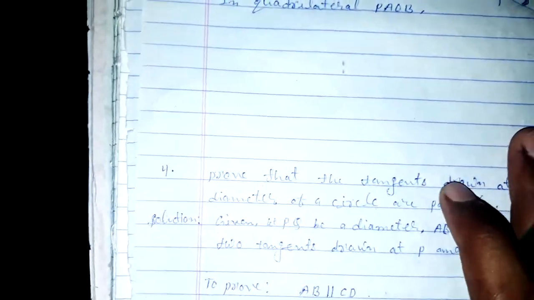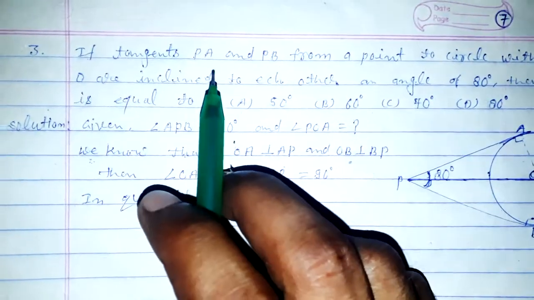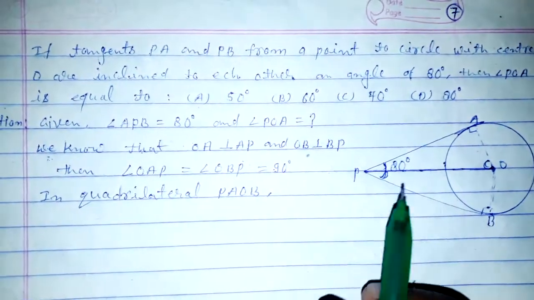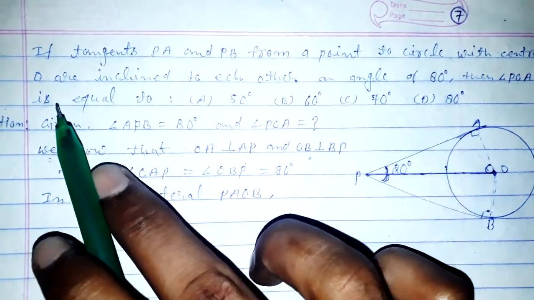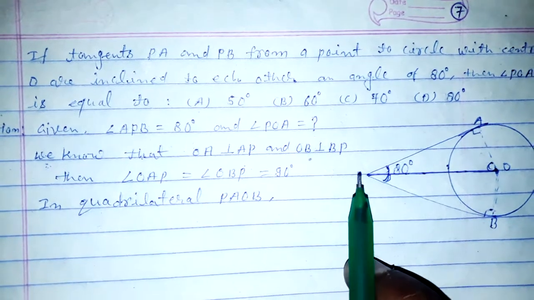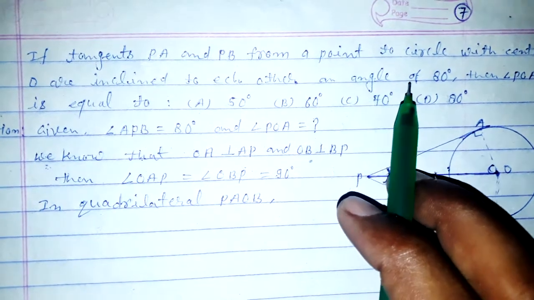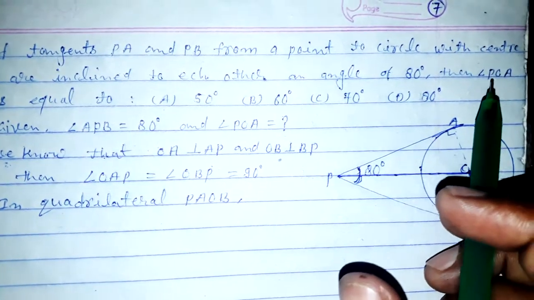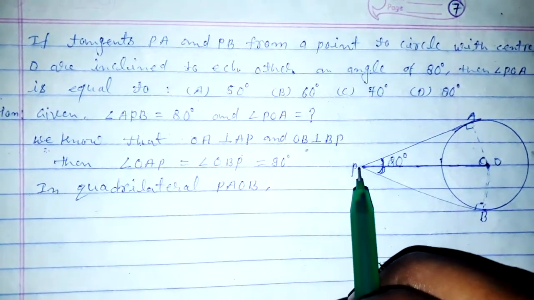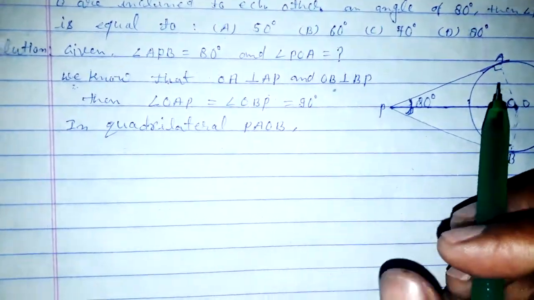Next is the third question. If tangents PA and PB from a point P to a circle with center O are inclined to each other at an angle of 80 degrees, that is the complete angle is 80 degrees, then angle POA is equal to, this angle we find.